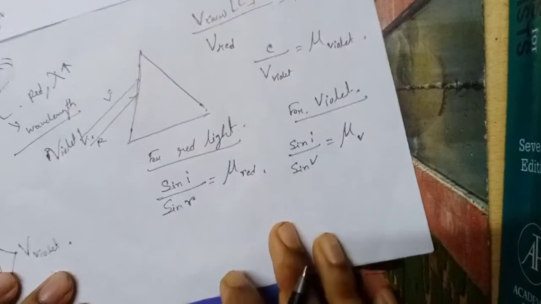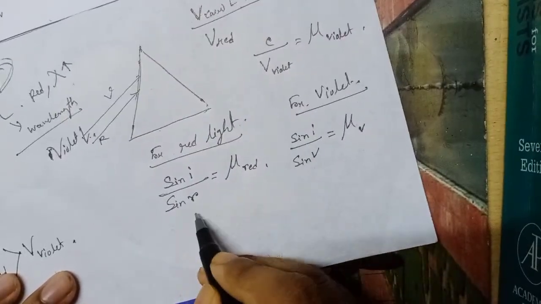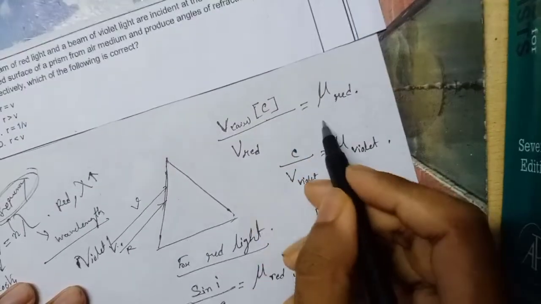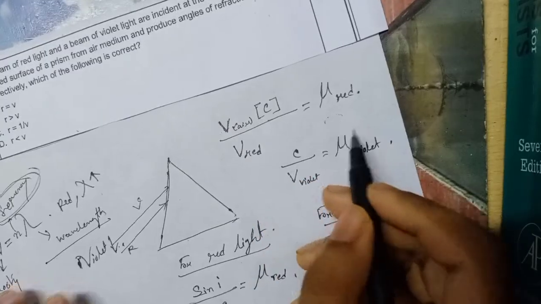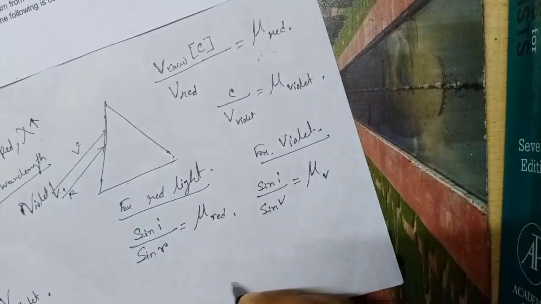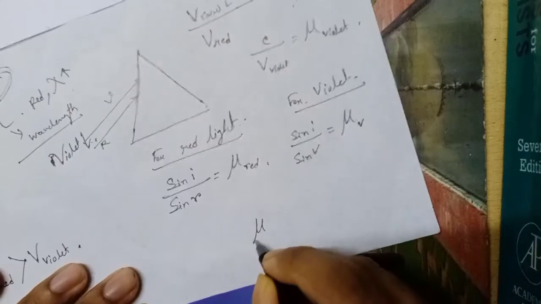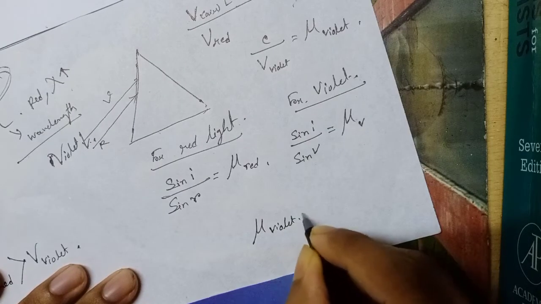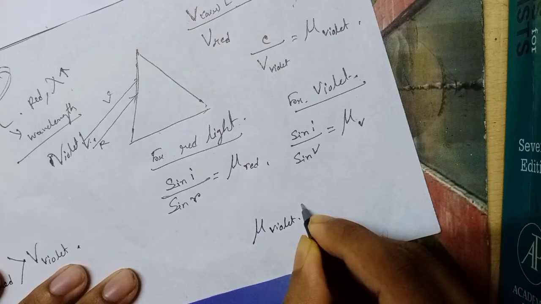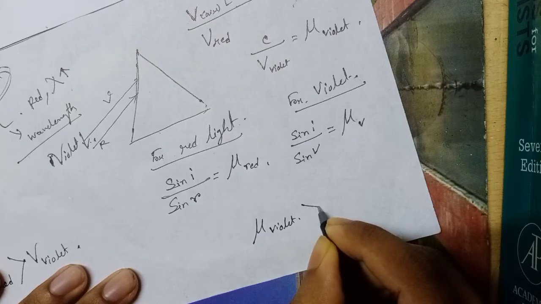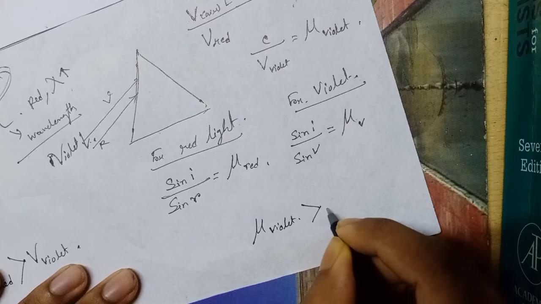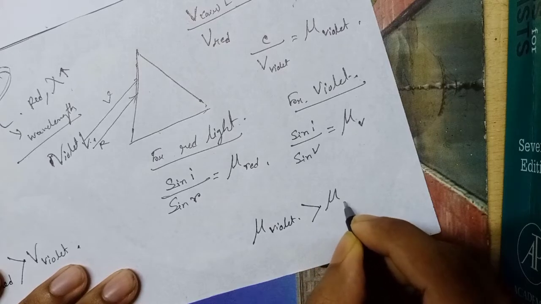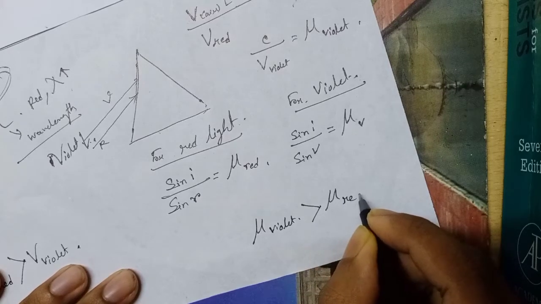Okay, so clearly from here we can say that mu of violet is greater than mu of red.